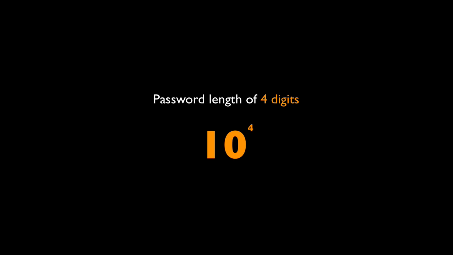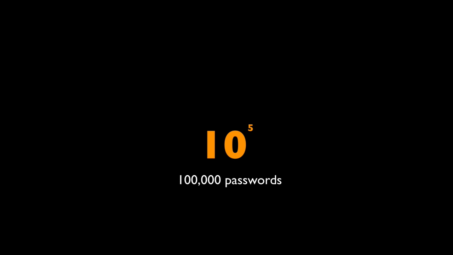The key space of the password is 10,000 passwords. If we use 5 characters out of the 10 digits, it is 10 to the power of 5, which is only 100,000 passwords, and the entropy is only 16 bits. So this is not a good password in the digital world. It may be a good one in the physical world.